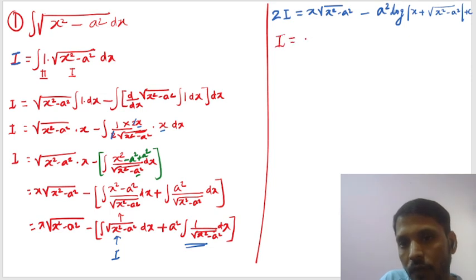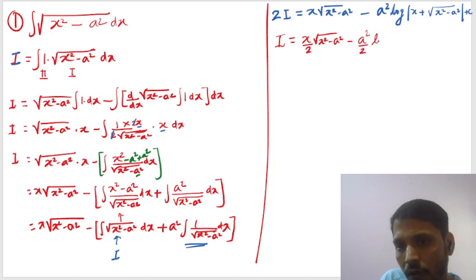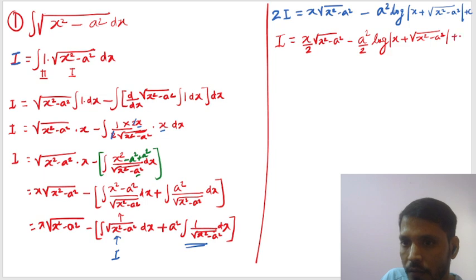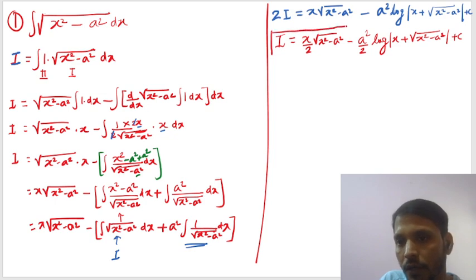I is equal to x by 2 under root of x square minus a square, minus a square divided by 2 log of mod x plus under root of x square minus a square, plus c. So this is the first formula that we derive, but in the questions we will apply it directly.